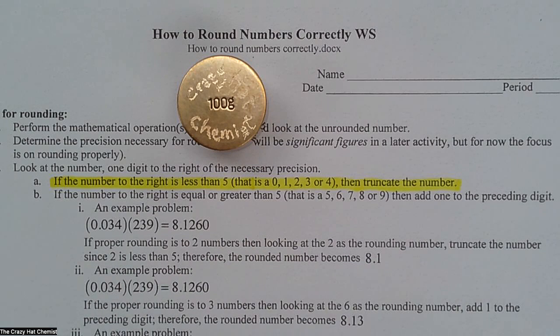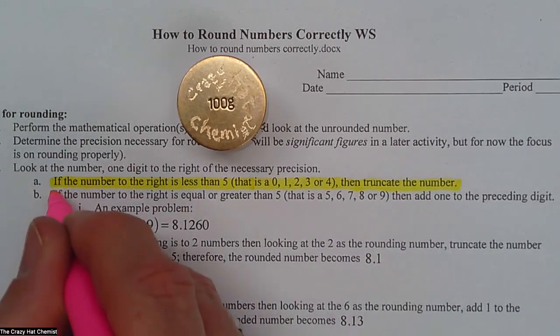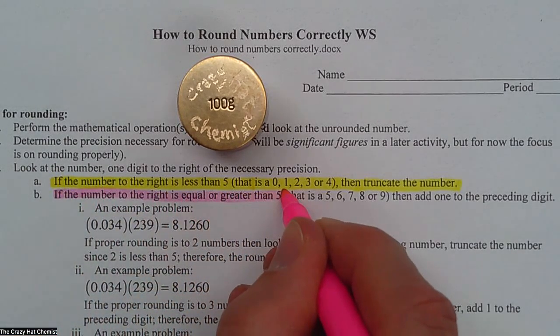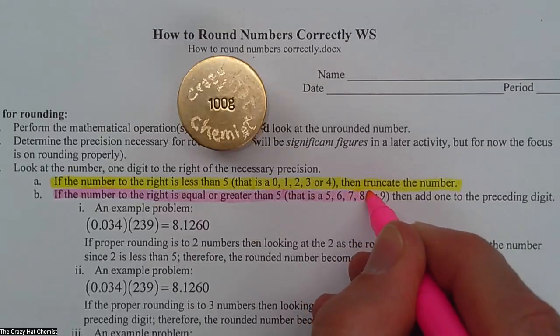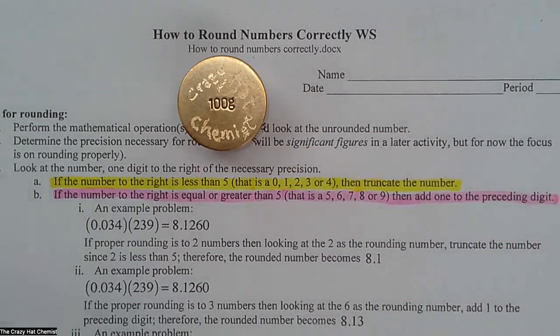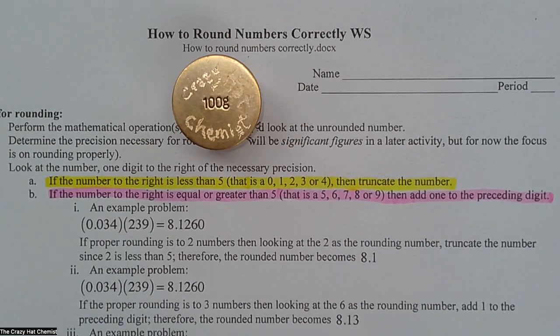Rule number 2: if the number to the right is equal to or greater than 5, that is a 5, 6, 7, 8, or a 9, then add 1 to the preceding digit. Folks, that's it. It's as simple as that. That's how you round numbers correctly.